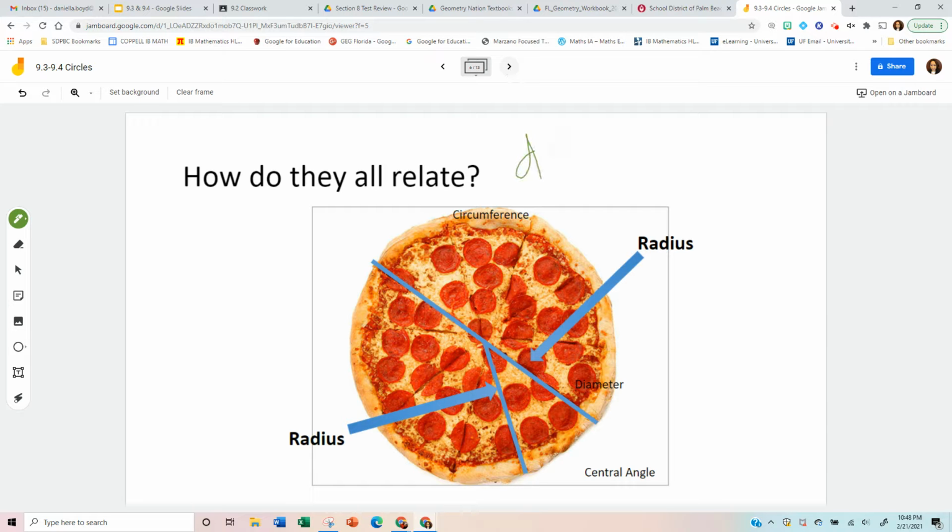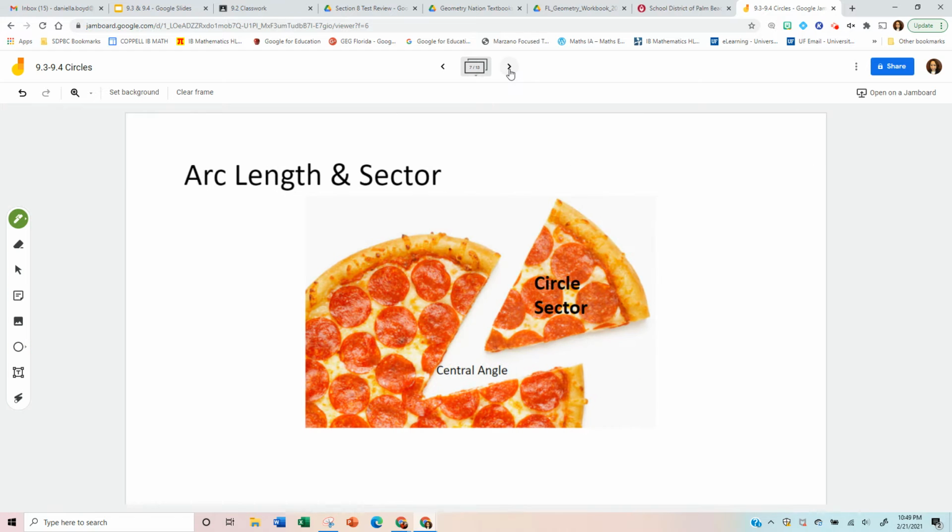A diameter is equal to 2 radii. From here to here is a radius, and from here to here is another radius, and together it makes a diameter. Each one of those is a radius, and the plural is the word radii, and all of them are equal to each other in length.